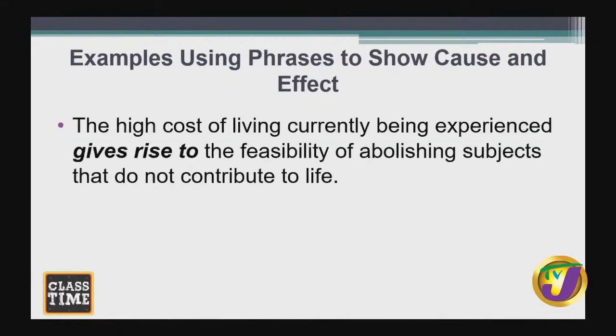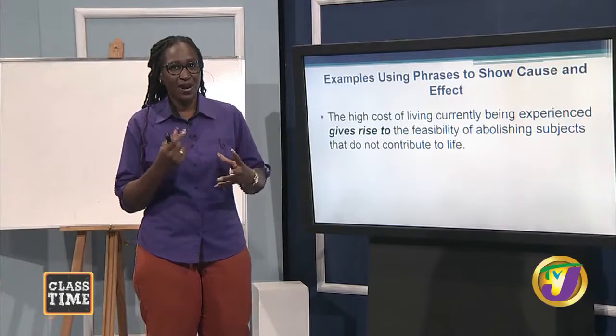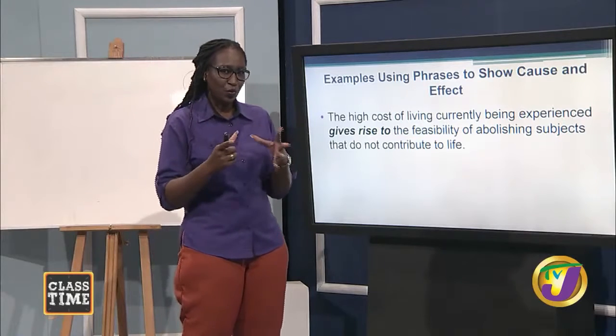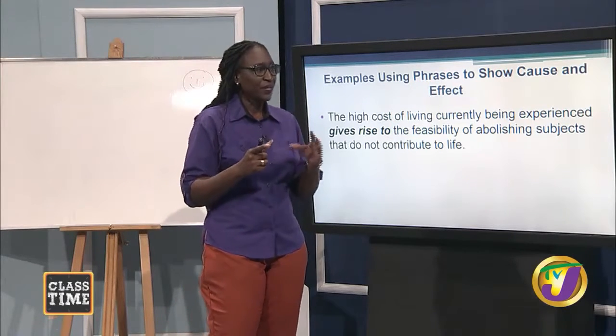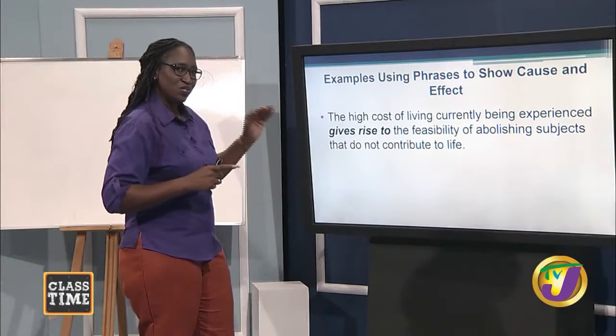The high cost of living currently being experienced gives rise to the feasibility of abolishing subjects that do not contribute to life. Can you identify the cause? Can you identify the effect? You have gives rise to as your link word, your link phrase right there. So what caused what?